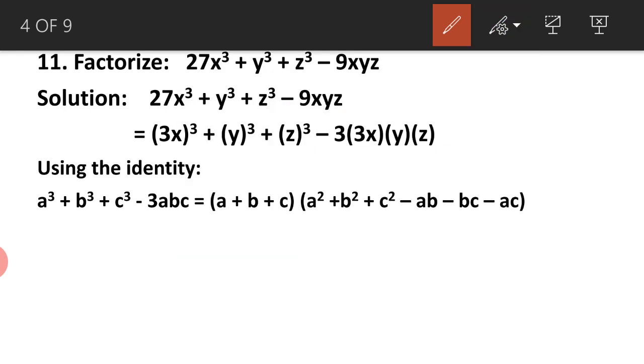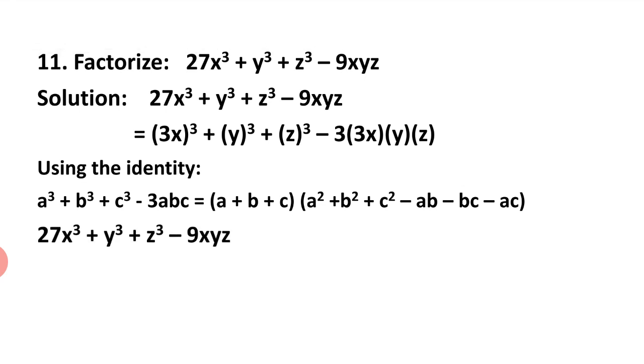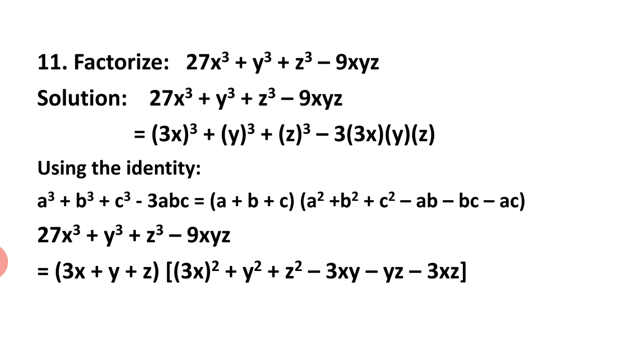Now put the values of a, b, c in the given right hand side, then you will get the two factors. Is it clear? So therefore the given expression will be factorized as 3x plus y plus z, that is a plus b plus c, into 3x whole square plus y square plus z square minus 3x into y, that is 3xy, minus y into z, that is yz, and minus 3x into z, that is 3xz.